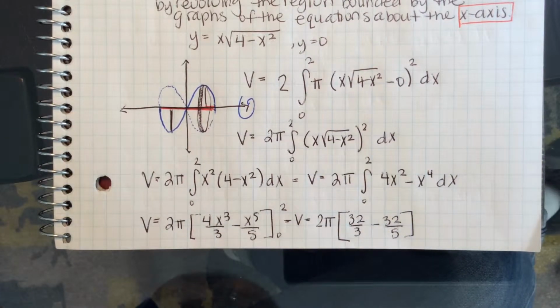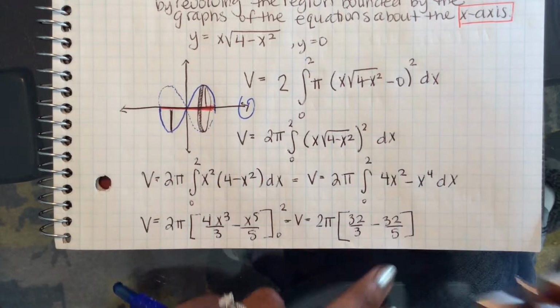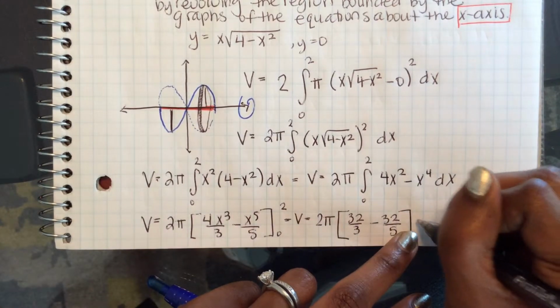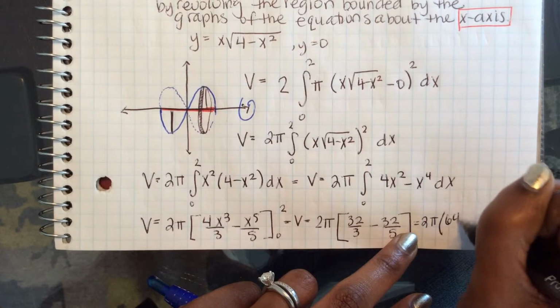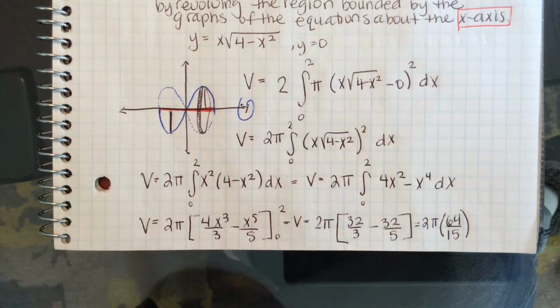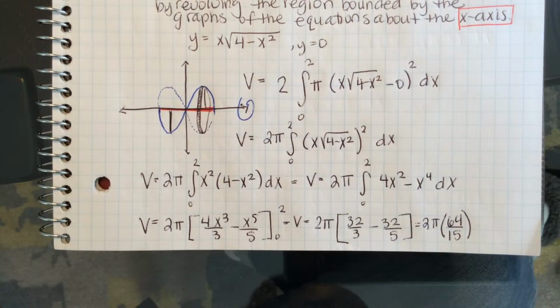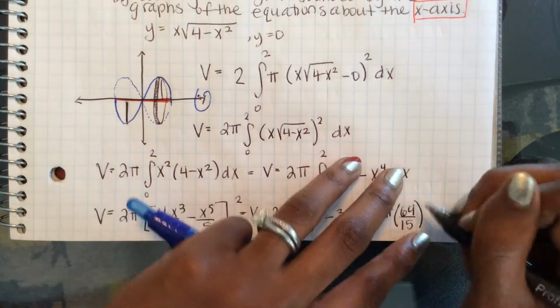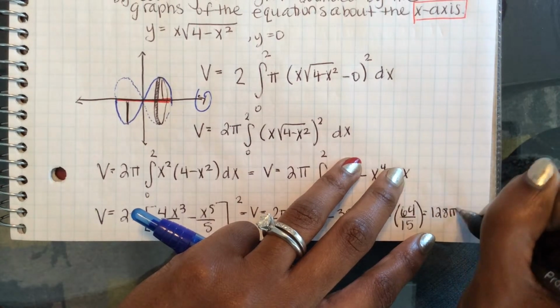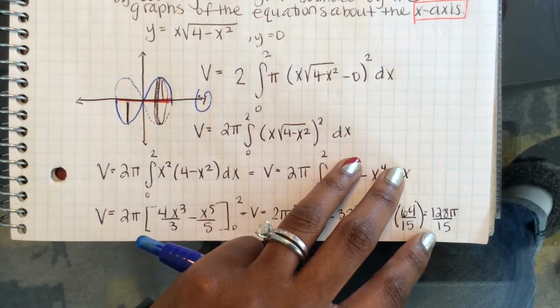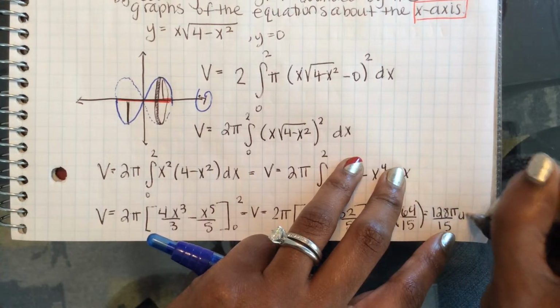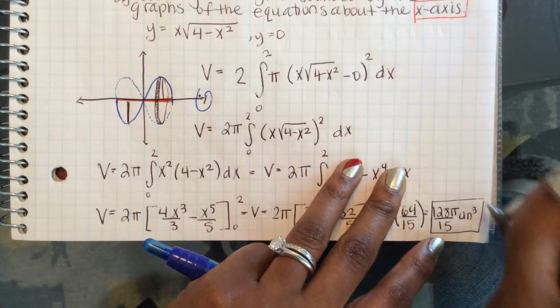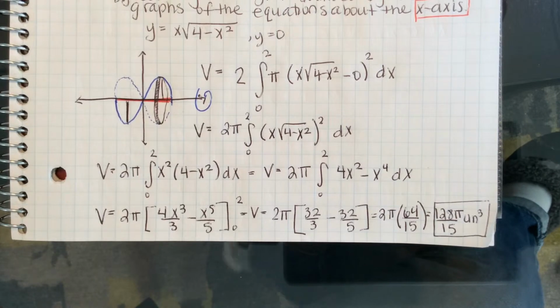So let's see, that's 32 times 5 minus 32 times 3, 64 over 15. So this is 2 pi times 64 over 15. So 64 times 2, this is 128 pi over 15 units cubed, because this is volume.